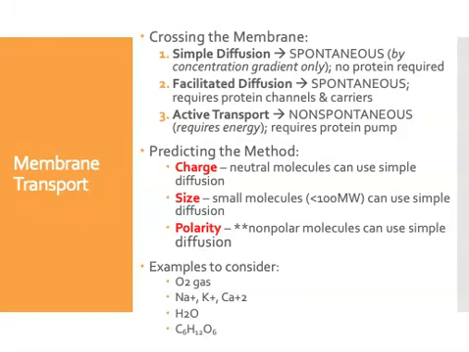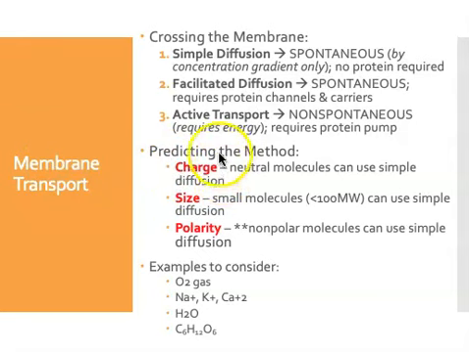There are three chemical features of a molecule that will determine whether or not they can cross a membrane between the phospholipids or whether they're going to need a protein to help them get across. The first factor is charge.